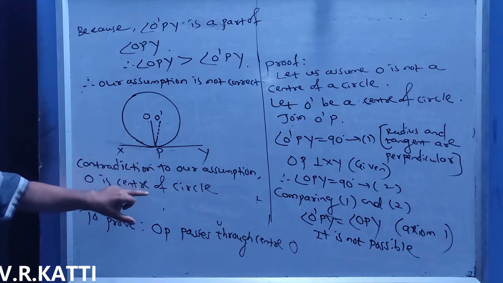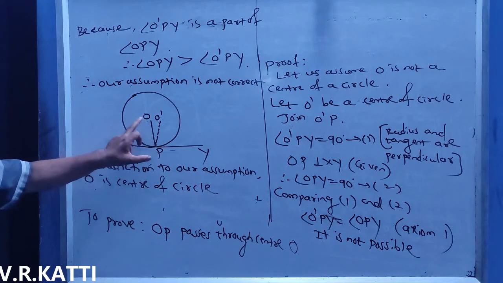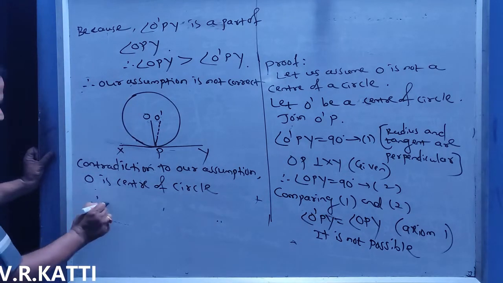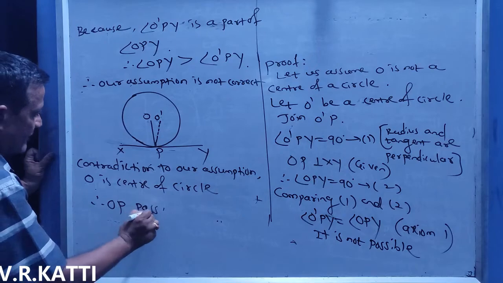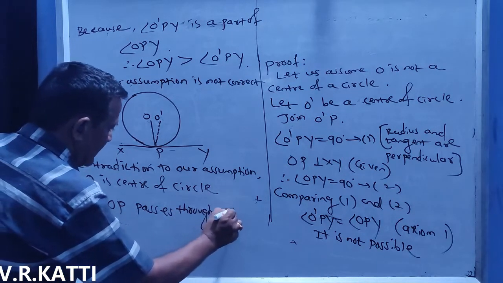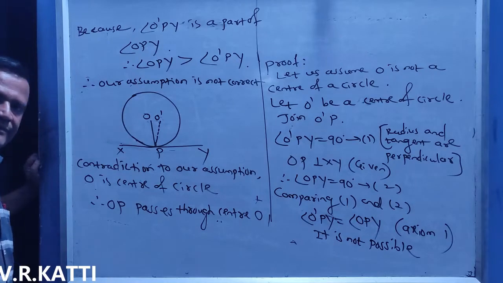If O is the center of the circle, then OP passes through center O. Therefore, OP passes through center O. OP passes through center O means what? OP is a perpendicular.